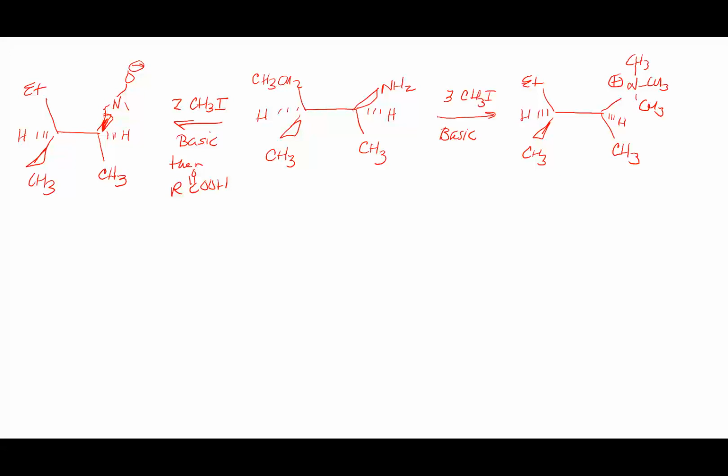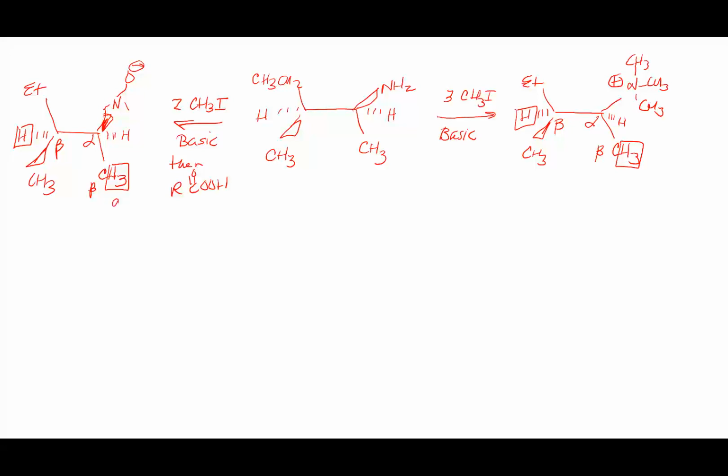going back to basics, this is an elimination. So that means here's my alpha carbon, here's my beta carbon, and here's my beta carbon on the other side. Over here's my alpha carbon, my beta carbon, and my beta carbon on the other side. Do those have hydrogens? Yes. I've got 3 beta hydrogens attached to the methyl group, and I've got 1 beta hydrogen attached to the other beta carbon on the other side.